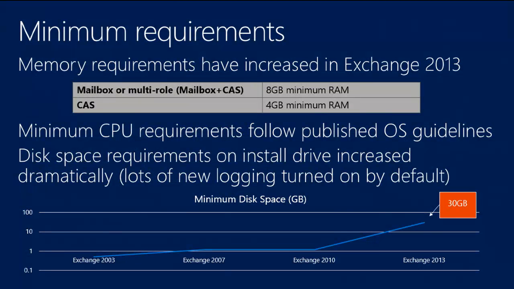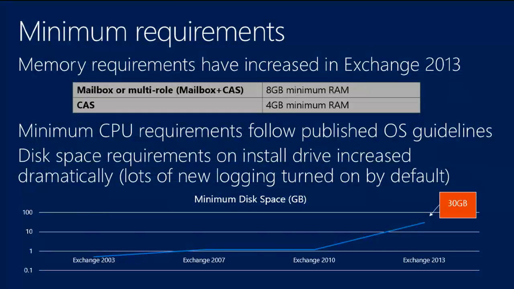In terms of disk space, we've also dramatically increased the minimum. So we actually require a minimum of 30 gigs of free space on the drive where you're installing Exchange. And the reason for that is some additional diagnostic logging that's enabled by default. That's there for a number of reasons. I alluded to some of them when I was talking through the Exchange Diagnostic Service, which is responsible for probably about 7 or 8 gigs of that 30.